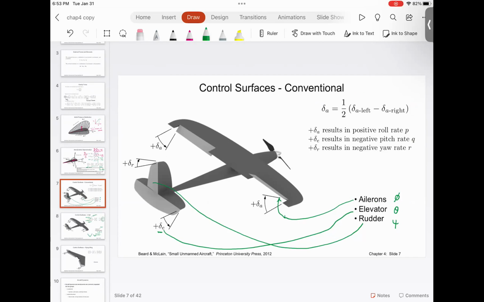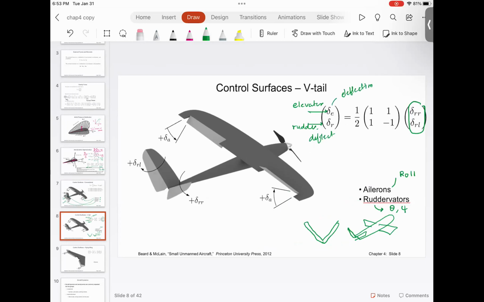We don't have a separate rudder and elevator. Those two are combined. So the elevator deflection is related to the deflection of the rudder elevator on the left and right. Rudder deflection is related to the rudder elevator deflection on the left and right.